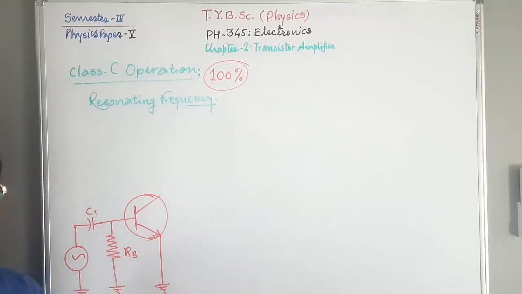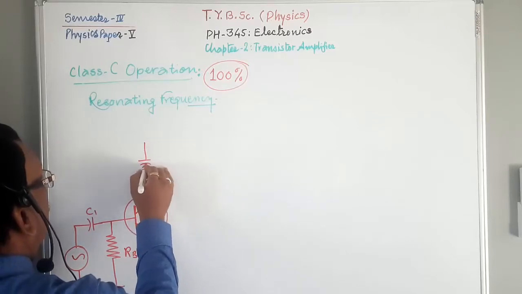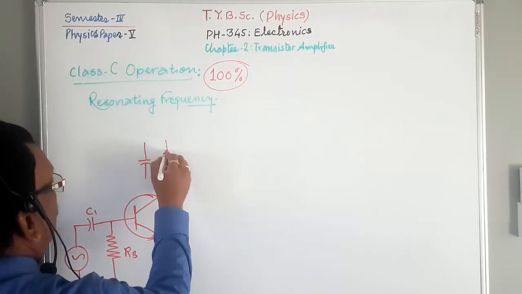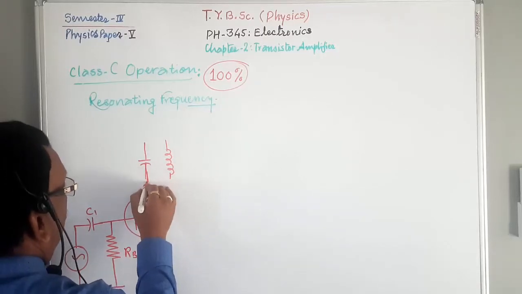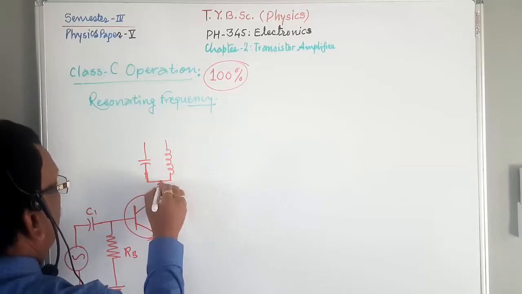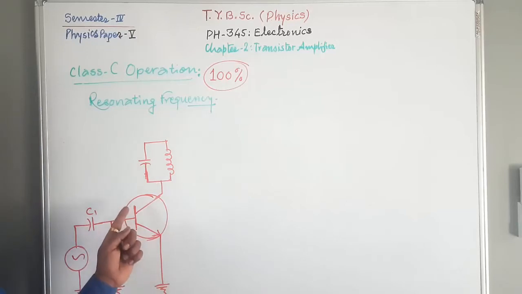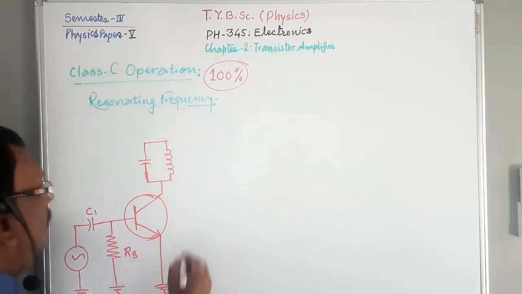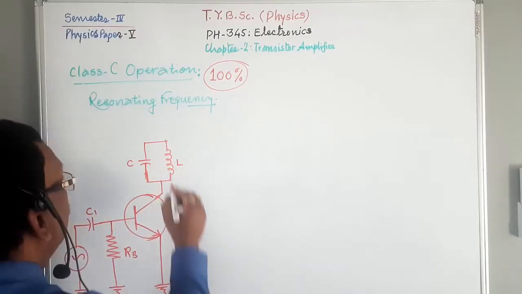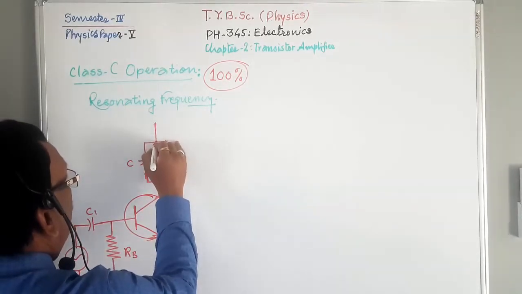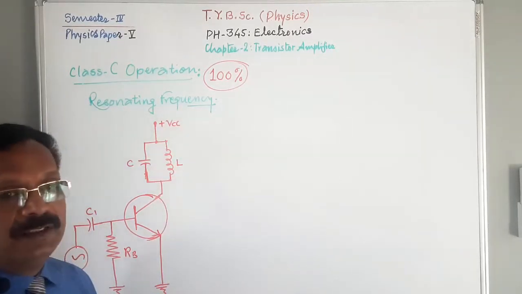Now there is a tuned circuit. This tuned circuit is connected to the collector, where the tuned circuit consists of an inductor L and a capacitor C, and positive VCC is provided here for the operation of the circuit.